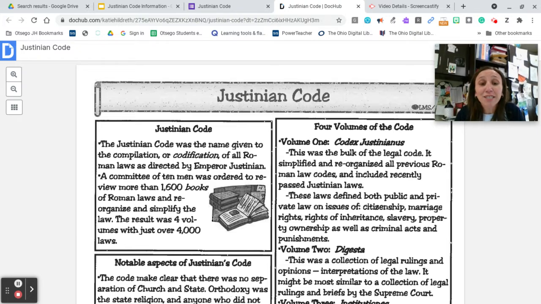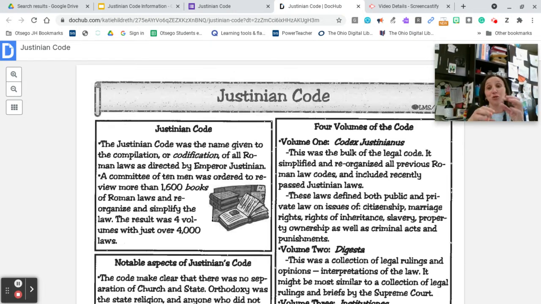The Justinian Code was the name given to a compilation or codification of all the Roman laws directed by Emperor Justinian. You're like, what does that mean? So basically, they had a bunch of Roman laws.